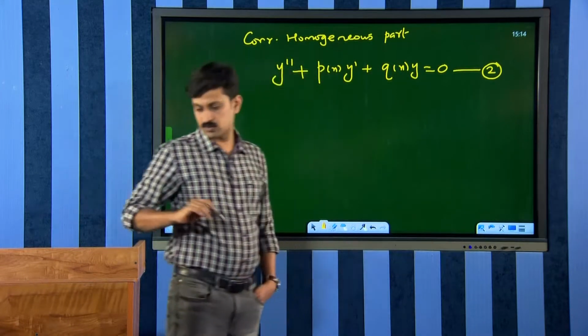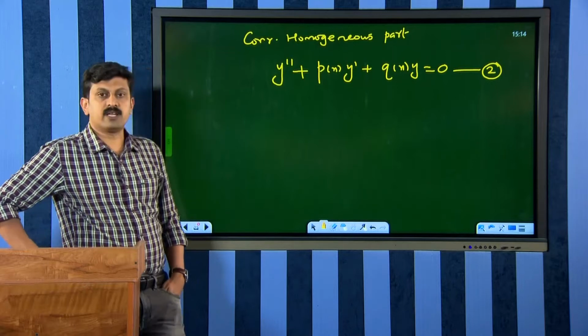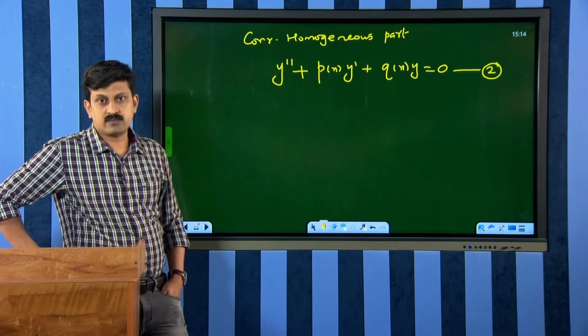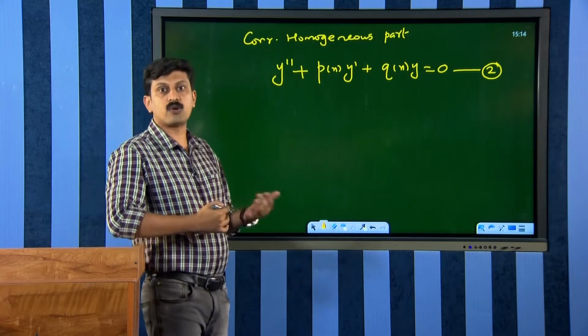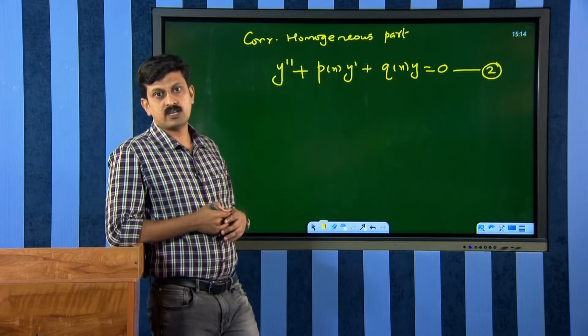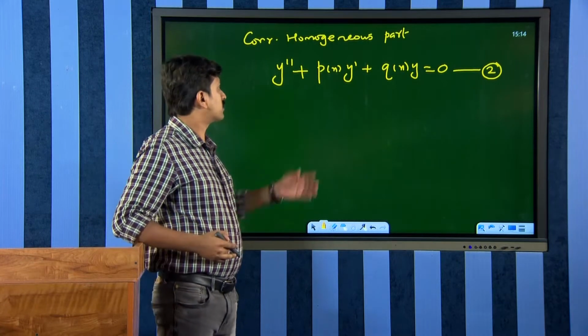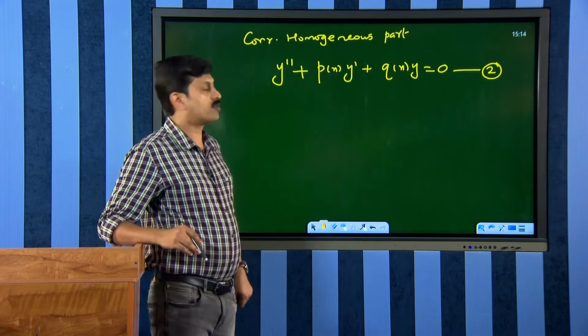This is equation number 2. We can simply solve this equation. We already discussed many methods to solve second order homogeneous equations, and by using any of those methods we can solve this one.